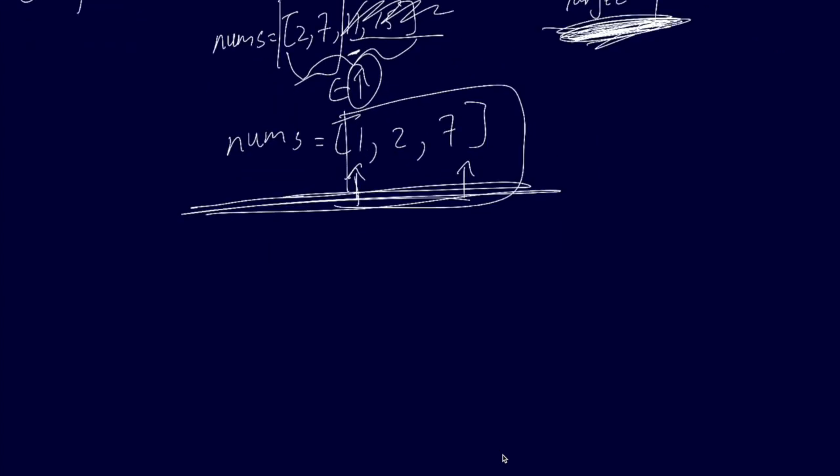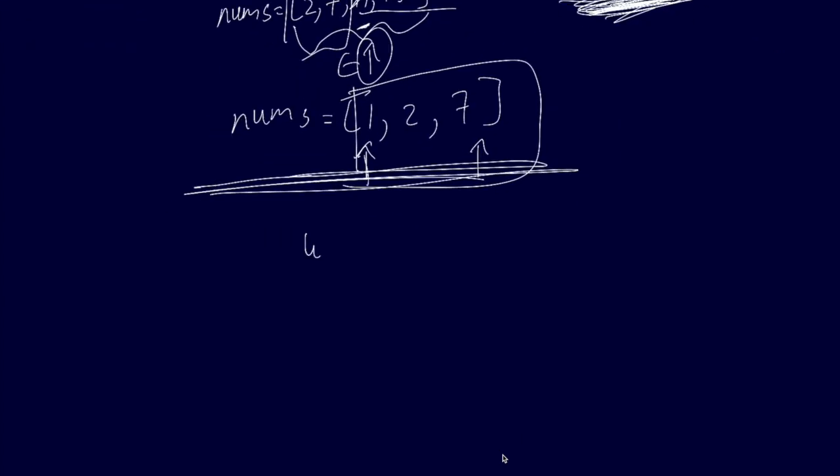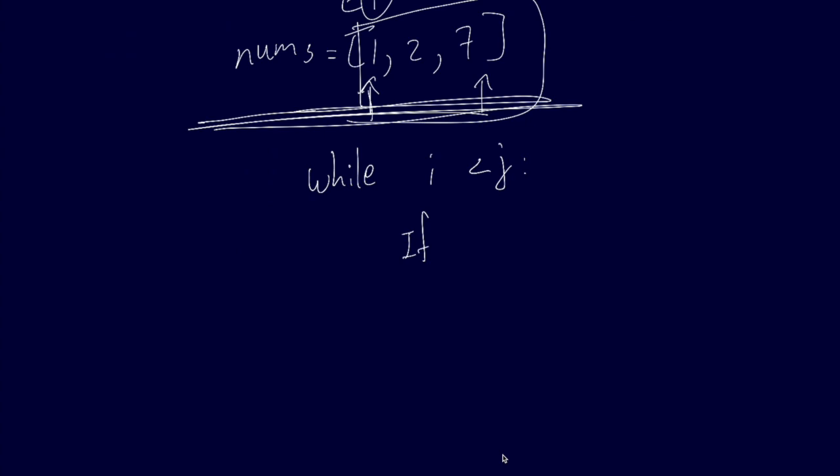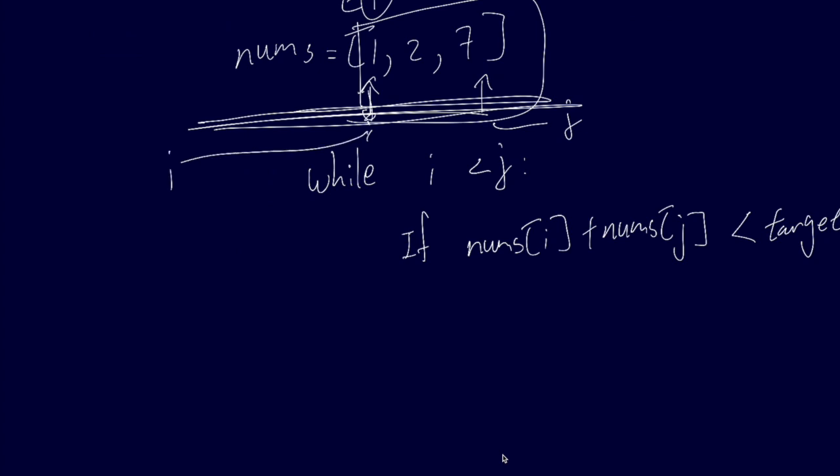So basically our pseudocode is something like: while the first pointer is I and the second pointer is J, and they never cross each other, if nums I plus nums J is less than target, we move the first pointer, this is I and this is J, to the right.